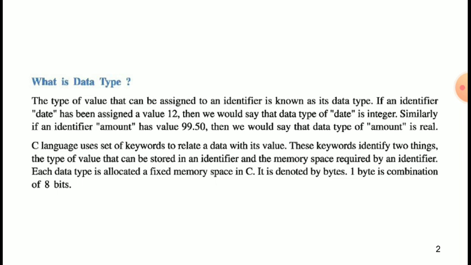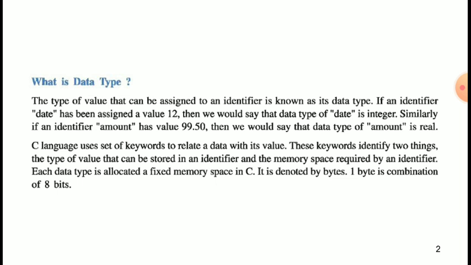An identifier is associated with its data type by using the syntax: data type identifier 1 [, identifier 2, identifier 3, ..., identifier n]. Each data type in C is allocated a fixed memory space.